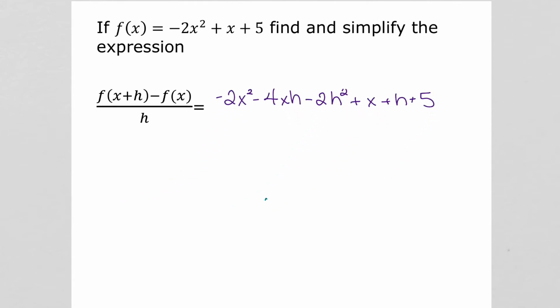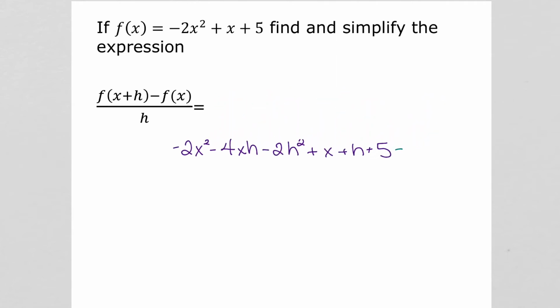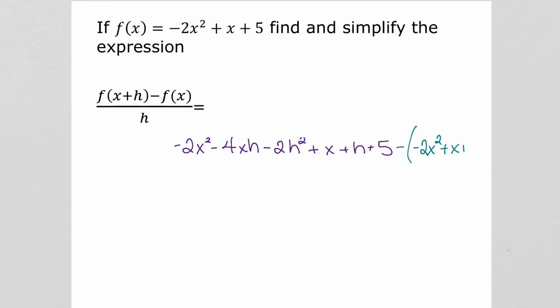So here is our f of x plus h that we've already found, and then we're going to subtract off f of x. If we subtract off f of x, make sure we put it in parentheses. We're subtracting just 2x squared plus x plus 5, and then divided by h.